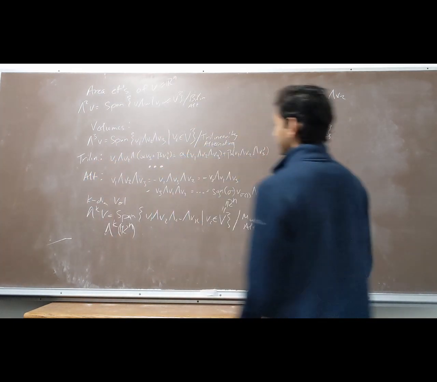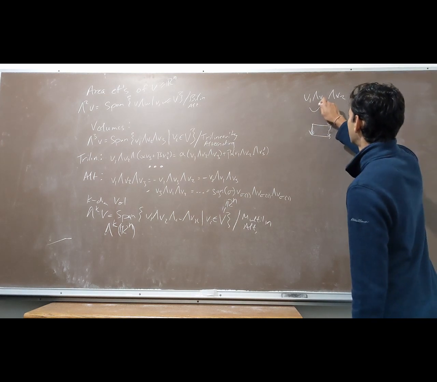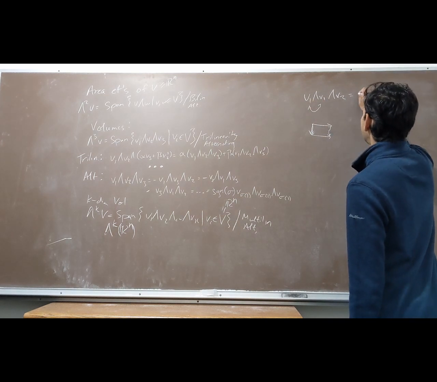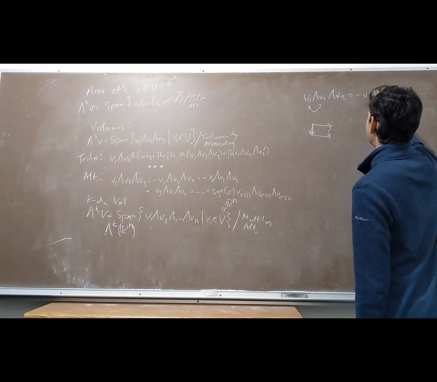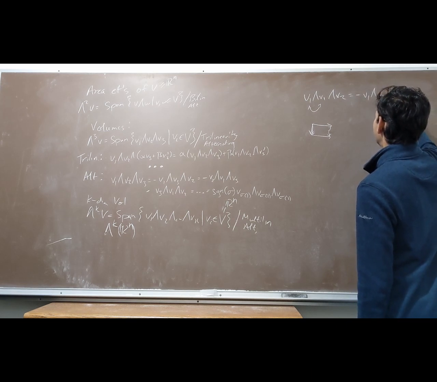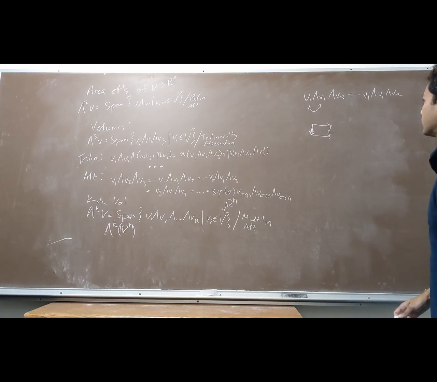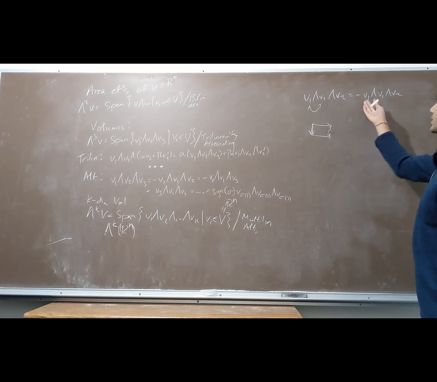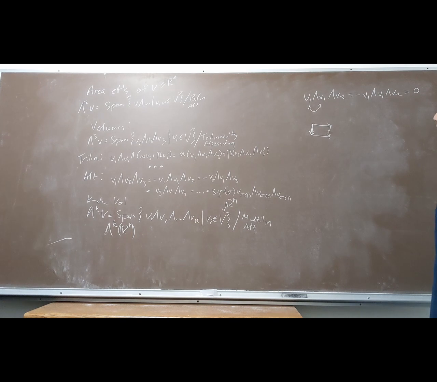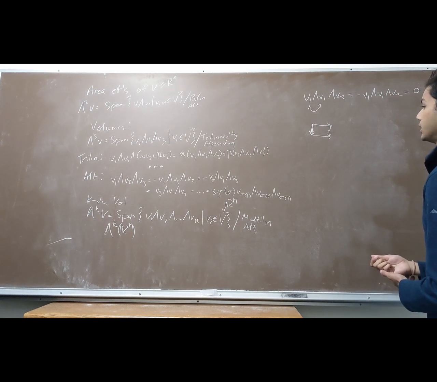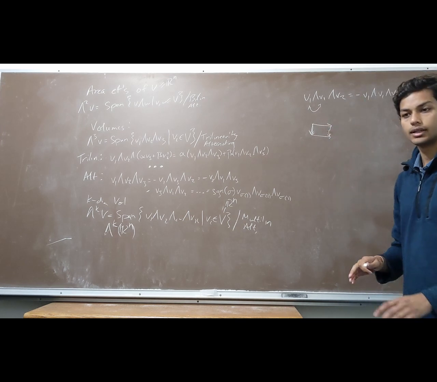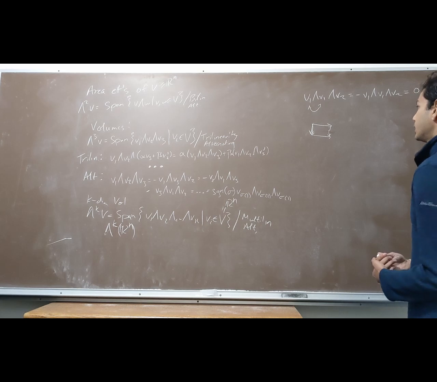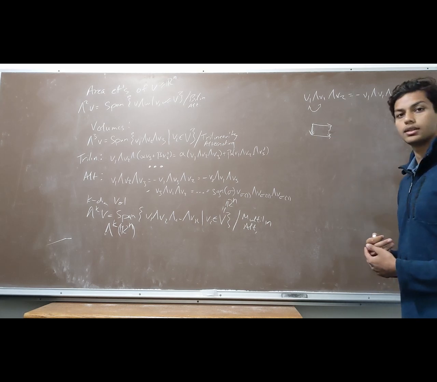And luckily it does, because we can swap these two guys, and we'll pick up a factor of -1. So this is negative v1 wedge v1 wedge v2. And essentially, because this thing is equal to its negative, it must be equal to 0. And more generally, you should check that if you have any vectors which are linearly dependent, then their wedge product is going to be 0.